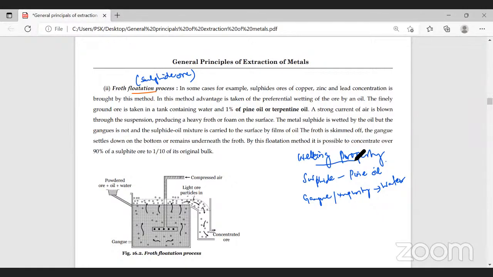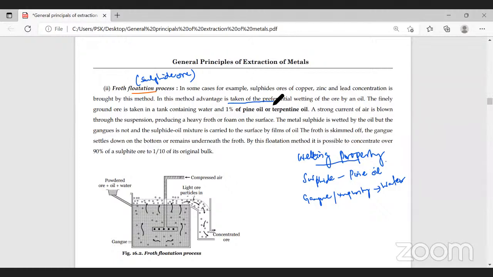In some cases, for example, sulfide ores of copper, zinc, and lead, concentration is brought by this method. Advantage is taken of preferential wetting of the ore by oil. I told you the sulfide ores will be getting wetted by oil.